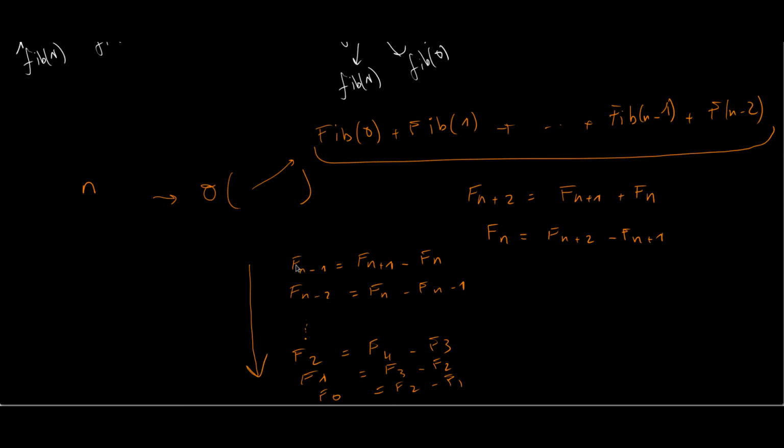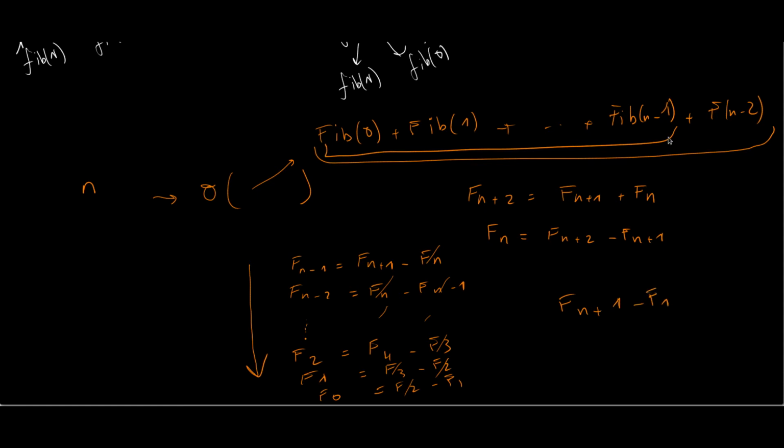So if I go ahead and add all these together, I will get this sum, and on the right hand side, if I add all this together, this will cancel with this, so will this all the way down, so f of 3 will cancel with f of 3 and f of 2 with f of 2. So at the end I will have f of n plus 1 minus f of 1.